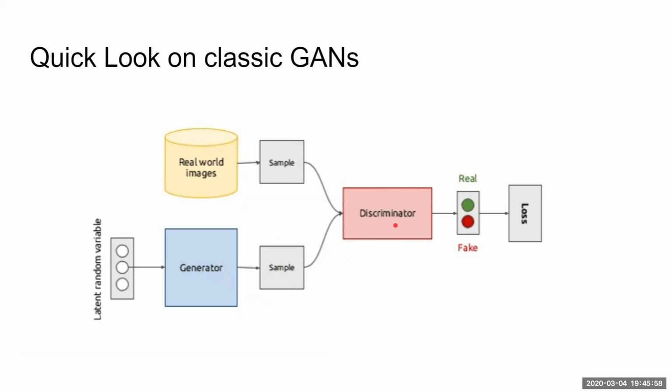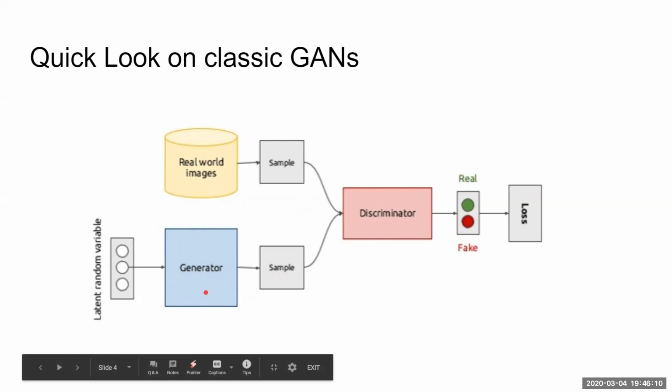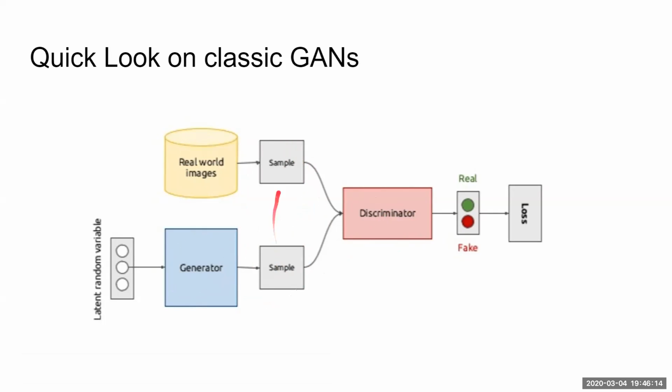So it's like a min-max game where the discriminator tries to distinguish between these two images, and the generator's job is to synthesize realistic images so that the discriminator cannot discriminate between the two. So that's basically like a game.